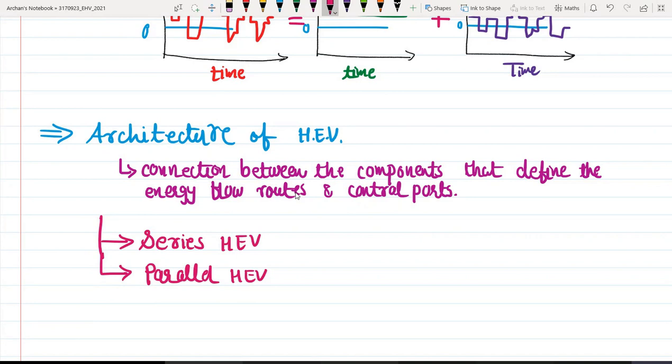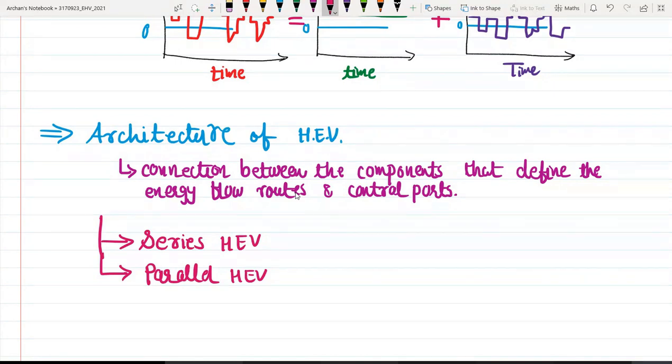Okay, so it is interesting to note that in year 2000 some newly introduced hybrid electric vehicles could not be classified into these two kinds. Though we have the series HEVs and parallel HEVs, the newly introduced hybrid electric vehicles in 2000 could not fall under these two categories.